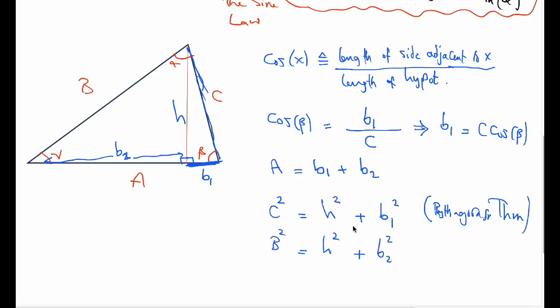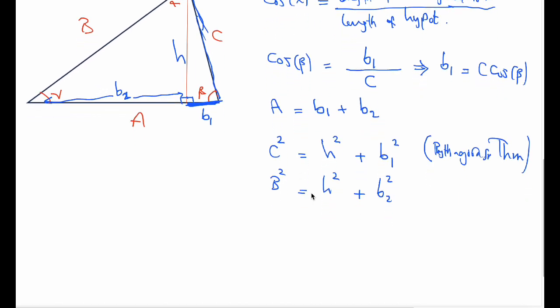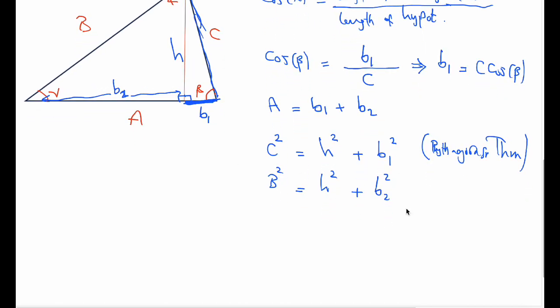Now we have two equations, so if we subtract them from each other, we have c square minus b square on the left hand side equal to, h square minus h square cancels out, b1 square minus b2 square.